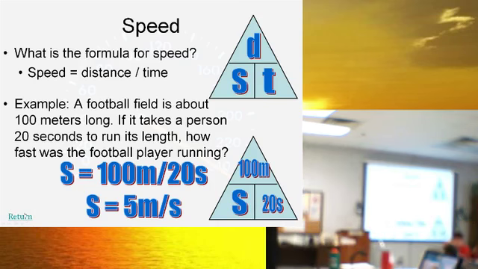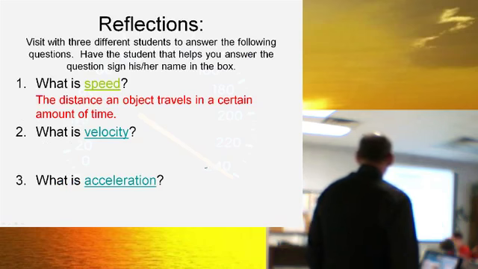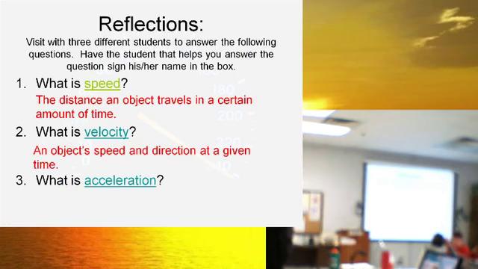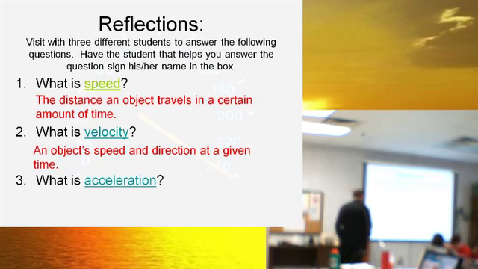What is velocity? An object's speed and direction. Speed and direction at a given time. Definition: velocity, an object's speed and direction at a given time.